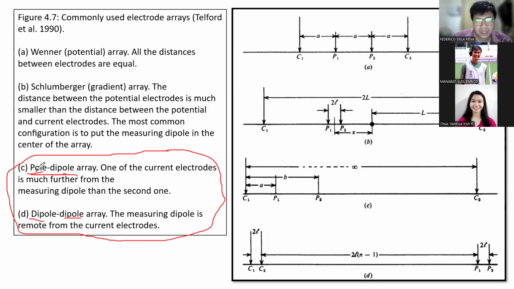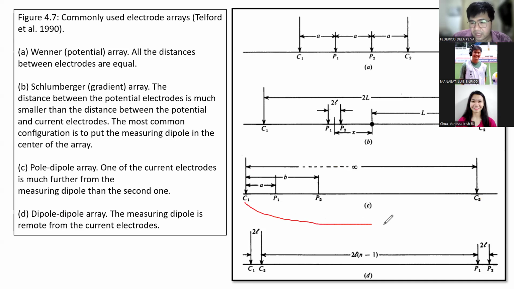In the pole-dipole array, one of the electrodes is further from the measuring dipole than the second one. So let's look at. Okay, so in this one, you have a dipole, meaning you have a pair of a current and potential electrode. Right?